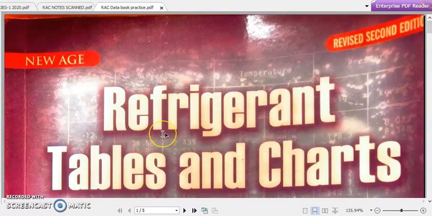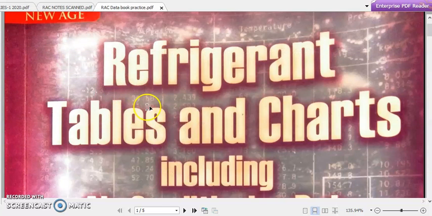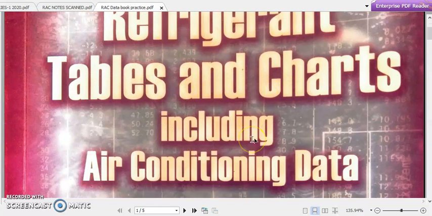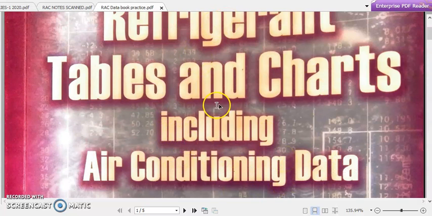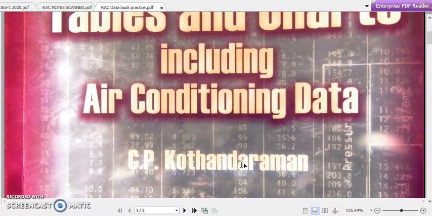Here I have given a screenshot of the refrigeration and air conditioning (RAC) data book. I am referring to the refrigerant tables and charts including air conditioning data.